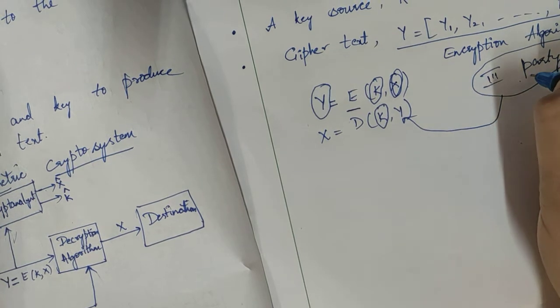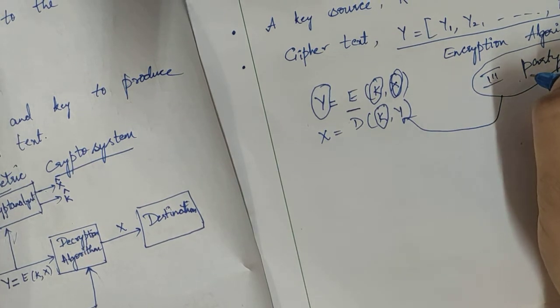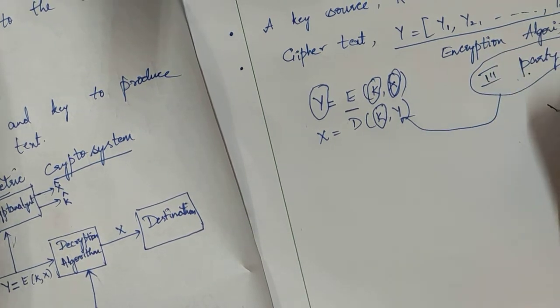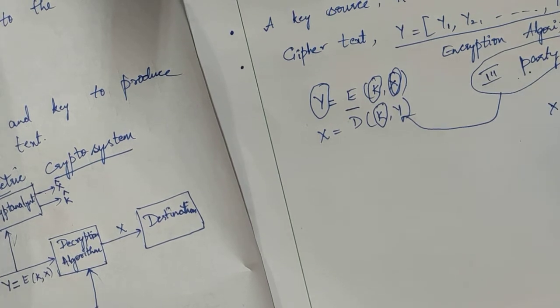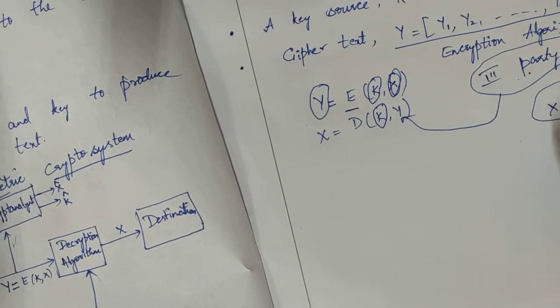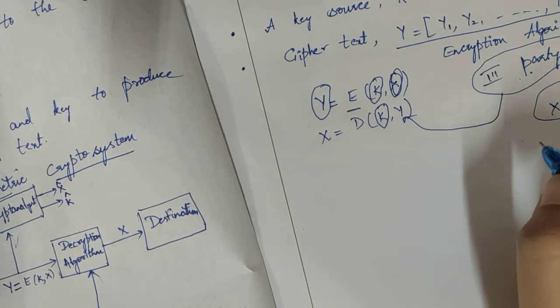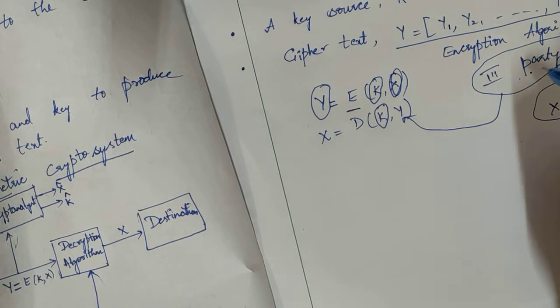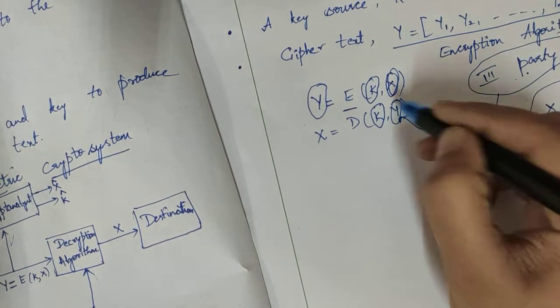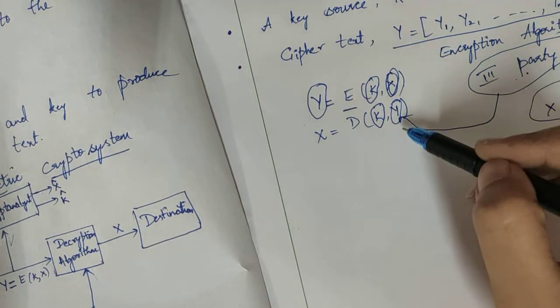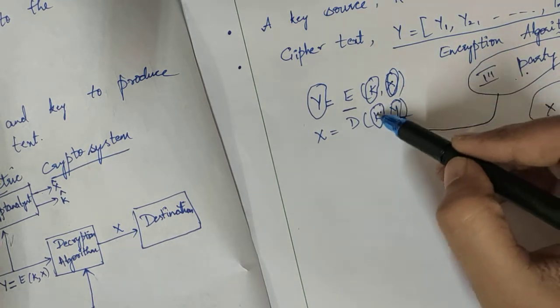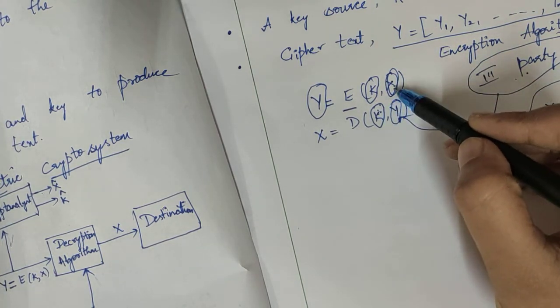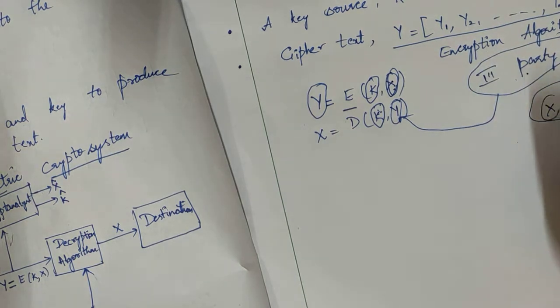So this third party may attempt to recover x or k, or he can recover both. What I am trying to explain is, this third party is observing your ciphertext y and is not knowing anything about k or x. So he may attempt to recover your plain text or your secret key, or he can attempt to recover both, right?